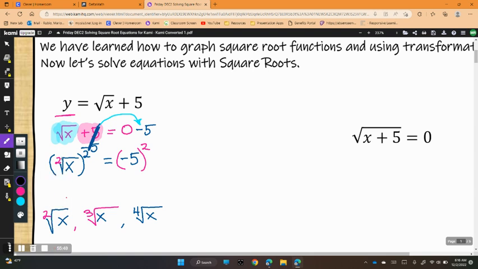So what happens is this square and this square cancel out, eliminating the square root symbol or the radical, and all we have left is what's inside, which is x. Then on this side, we have negative 5 squared, which is negative 5 times negative 5, so that's going to be 25.